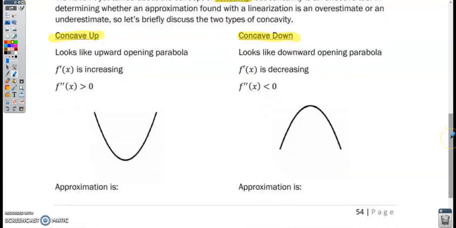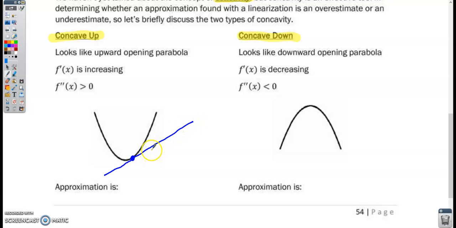Now, suppose I use a linearization to approximate the value of a function for a curve that is concave up. Imagine what the linearization looks like. It looks like this.